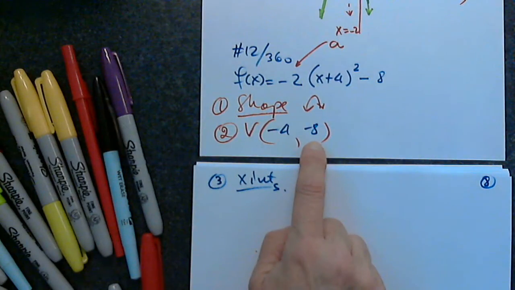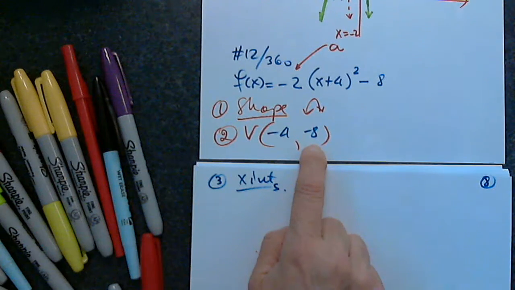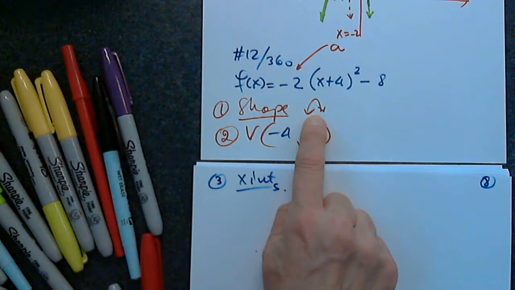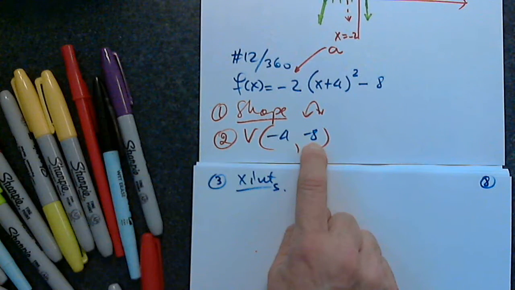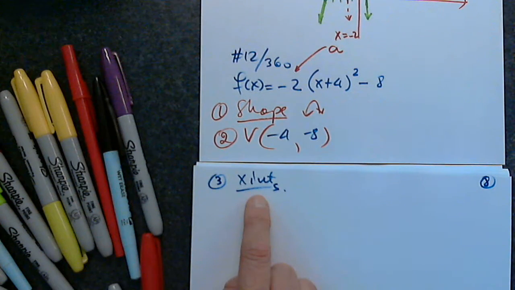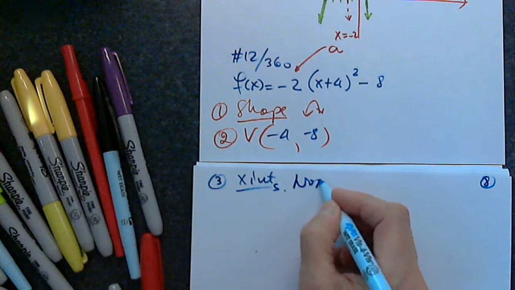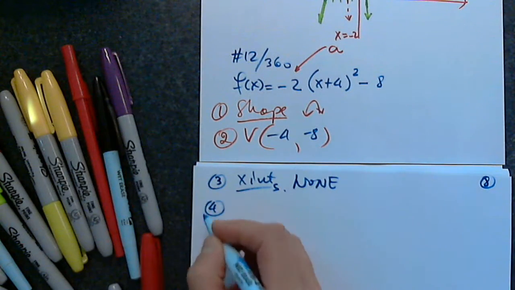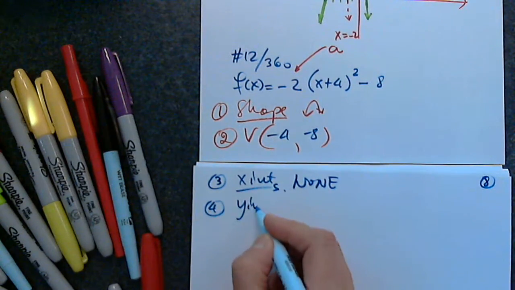Because the maximum value is under the x-axis. I know it's a maximum because that's the shape, and the maximum y value is -8, which means I would be wasting my time applying the quadratic formula or taking square roots and so on and so forth. None.